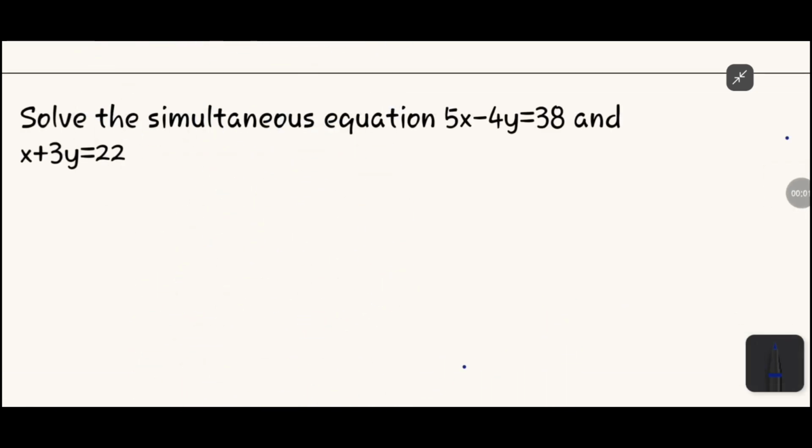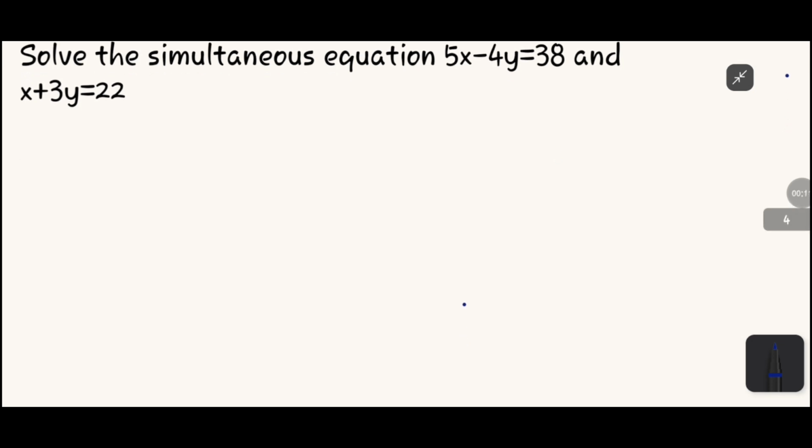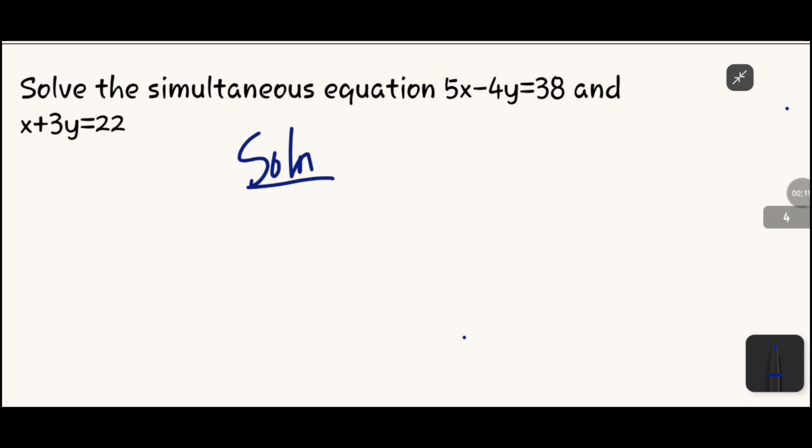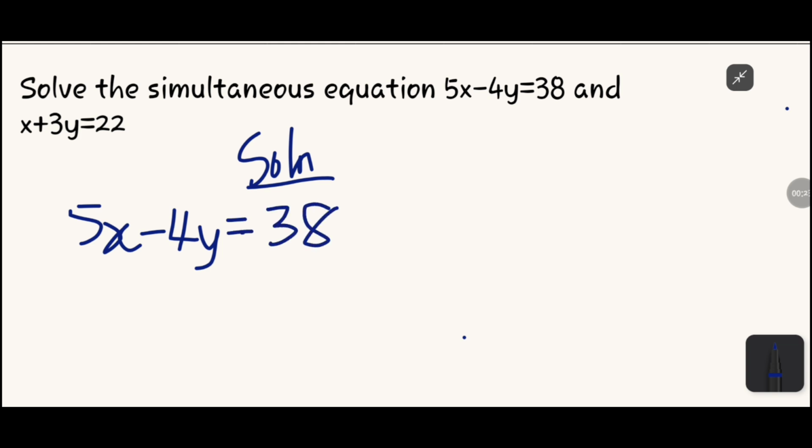So here we have another question. It says: solve the simultaneous equations 5x minus 4y equal to 38 and x plus 3y equal to 22. So, solution: we have 5x minus 4y equal to 38 and we have x plus 3y equal to 22.